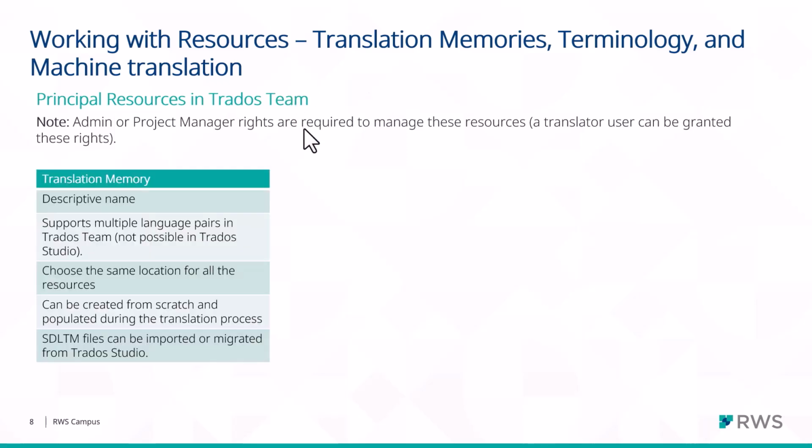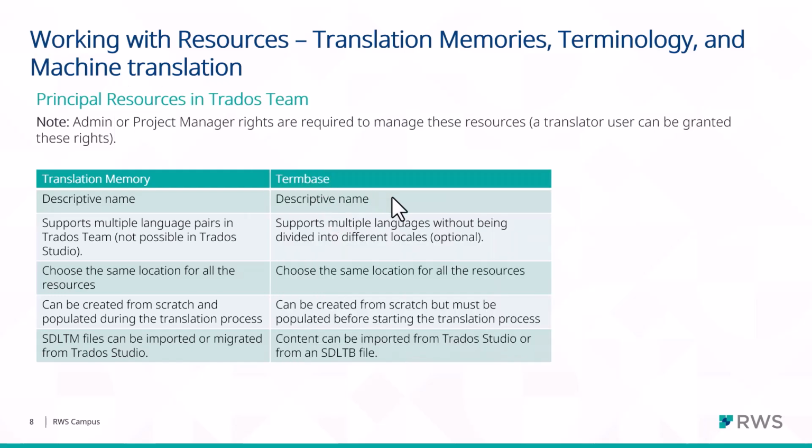We will see details about a translation memory that, as you know, is a database that stores all your source and target segment pairs in a central repository. We will talk about the term base, that is like an electronic dictionary that is searched automatically during translation.